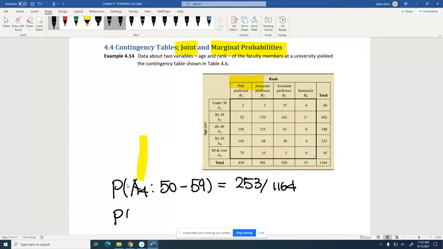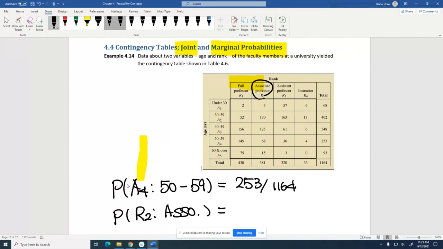The other way, I'm an associate professor, associate, R2. How many associates? We have 381 associates out of 1164.